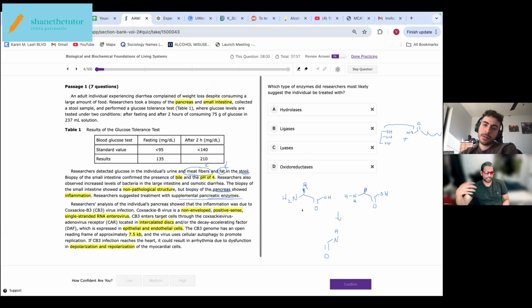But A is breaking things down through hydrolysis, with the addition of water, and that's typically going to involve the peptide bonds or the fatty ester bonds, things like that. Whereas a lyase would be more so breaking something like a carbon double bond, stuff like that.